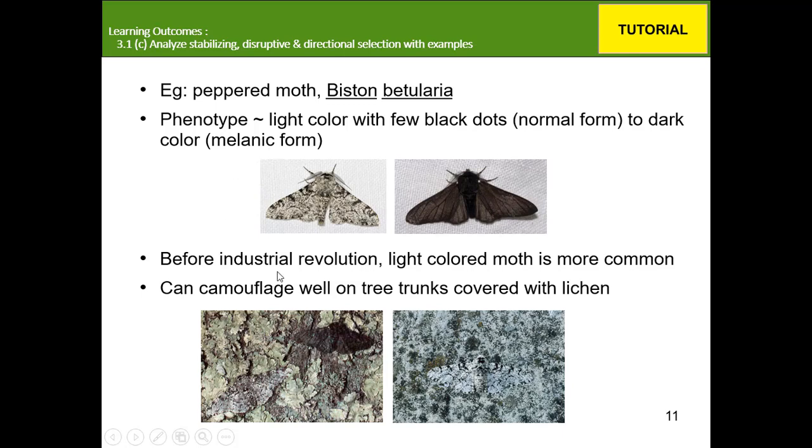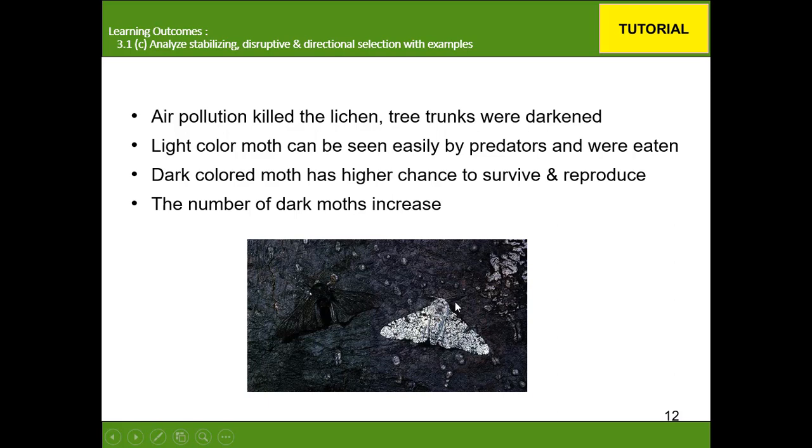Before the Industrial Revolution, light color was more common because it could camouflage well on tree trunks covered with lichen. Air pollution killed the lichen, tree trunks were darkened, so the light colored moths could be seen easily by predators and were eaten.